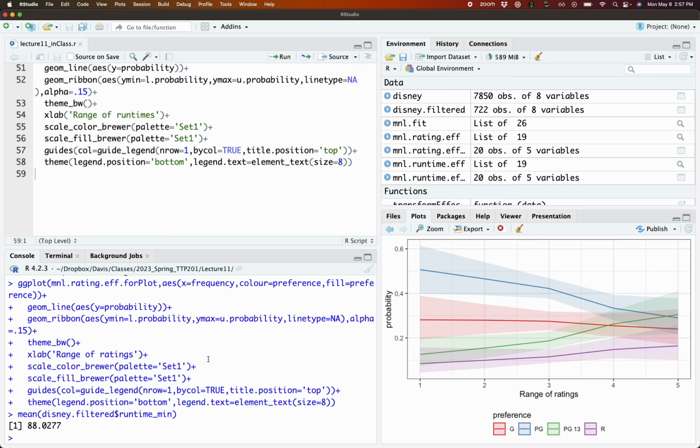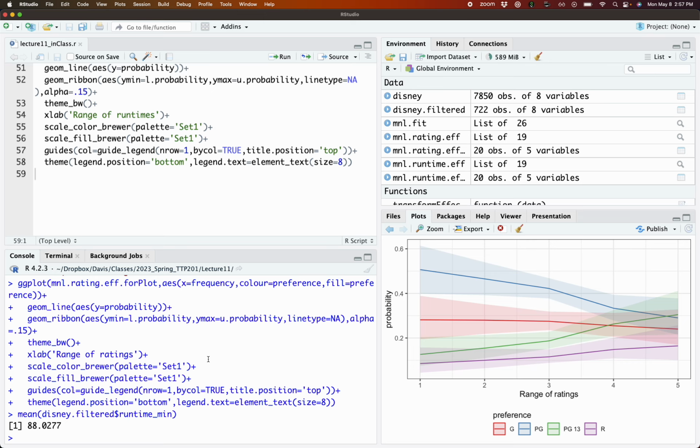So, if I were to pose this question to you guys, at 88 minutes and a rating of 4, what is the rating that you would guess for a movie? So, if this was 4 and at 88 minutes, what would you guess?